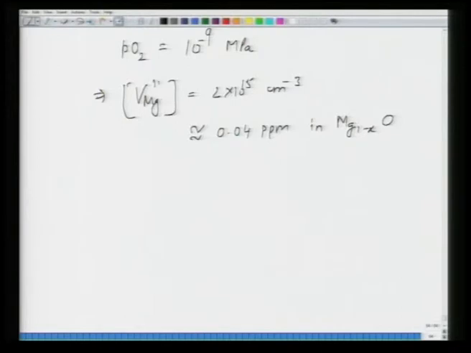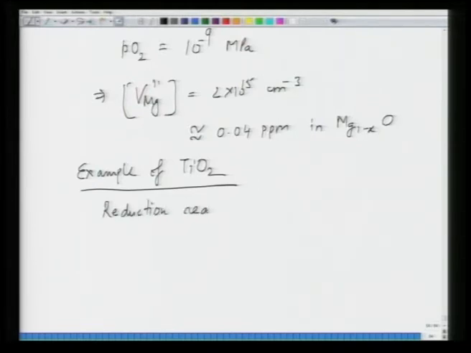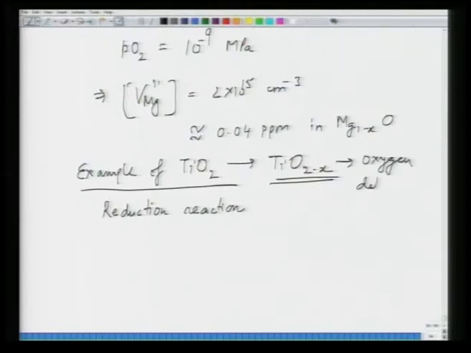On the other hand, if you take the example of TiO2, now TiO2 is also an oxygen deficient oxide, so it is very prone to non-stoichiometry. So in this case, let's modify a little bit, TiO2 minus X. So this is going to have oxygen deficiency.